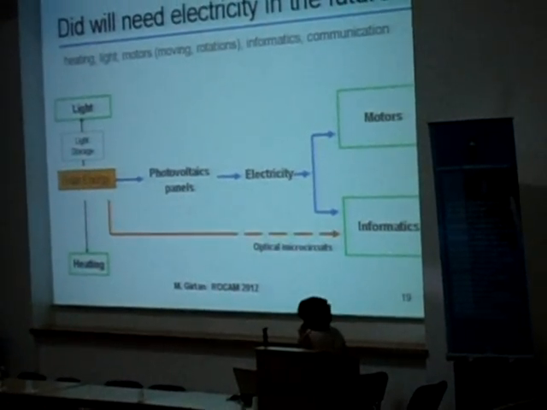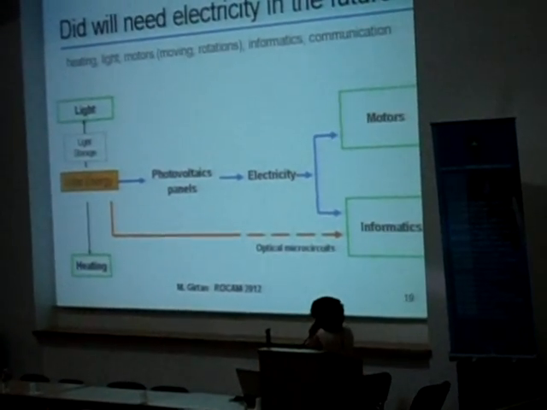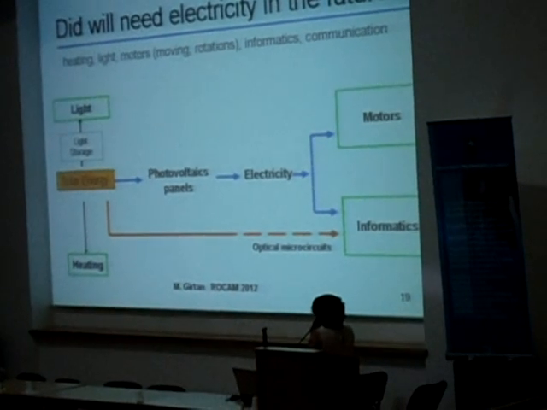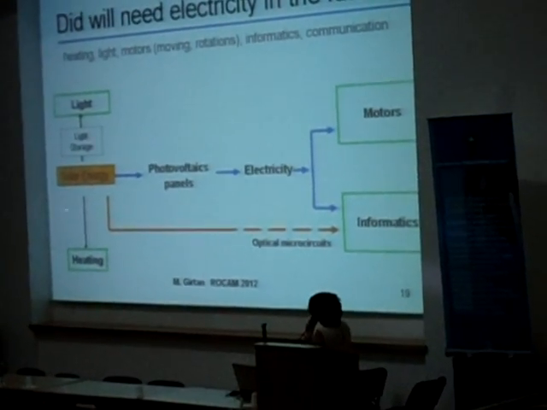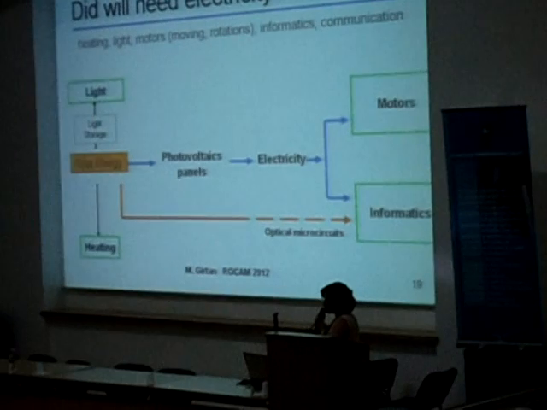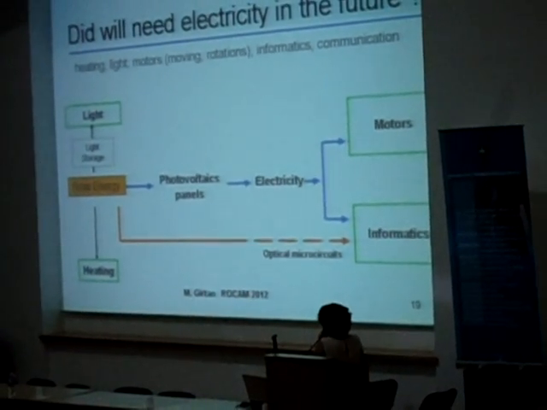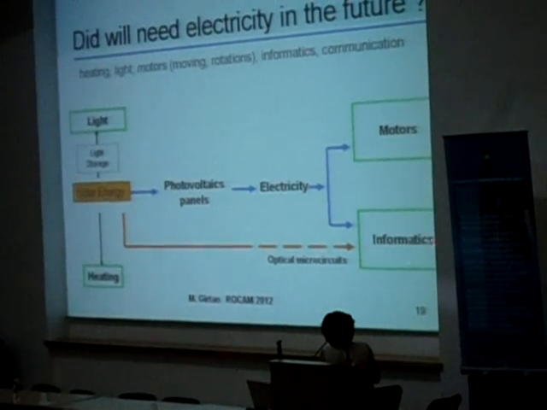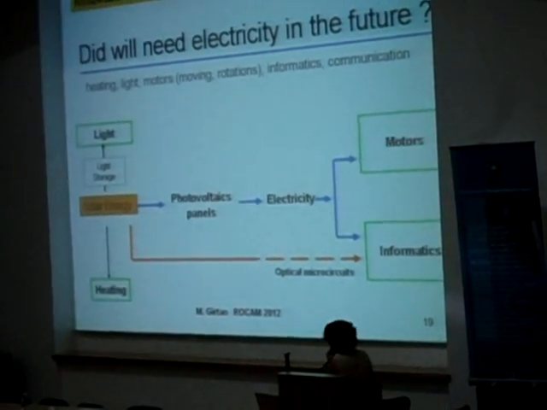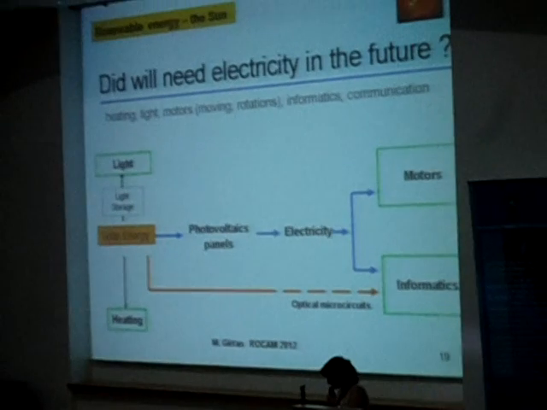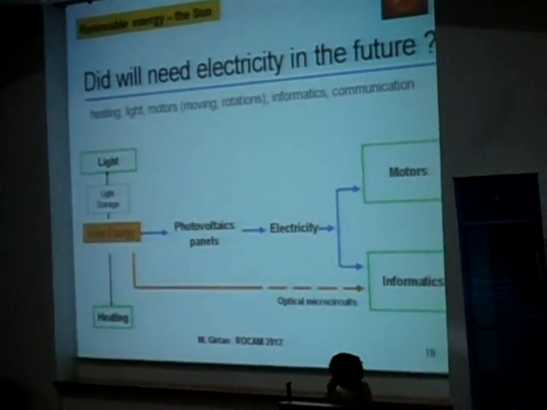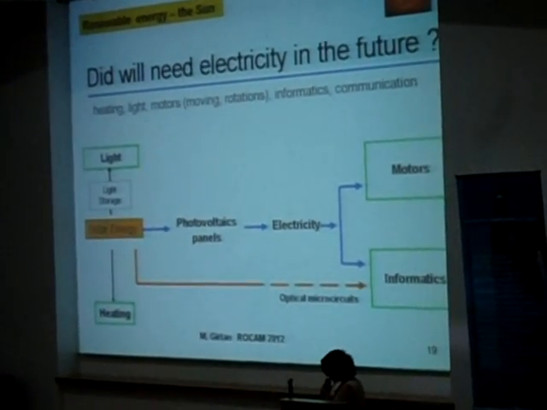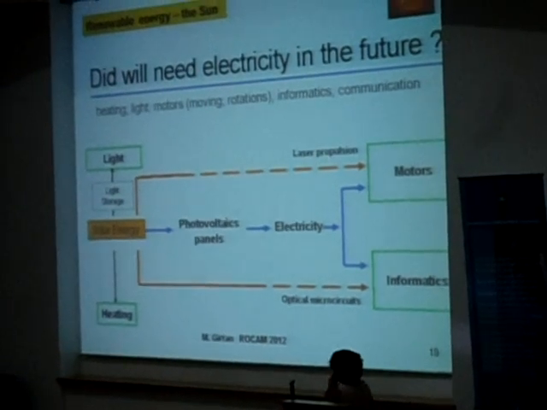But if the research in the future realizes all these steps, at least the four steps I presented before, that means we can create informatics just by optical microcircuits. So it remains just one way: how we can create photonic motors.